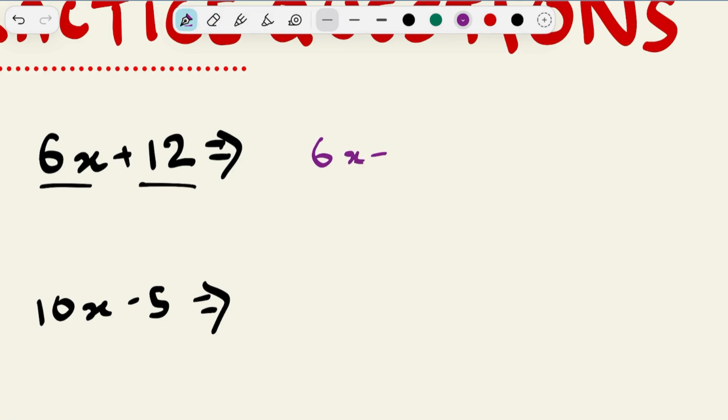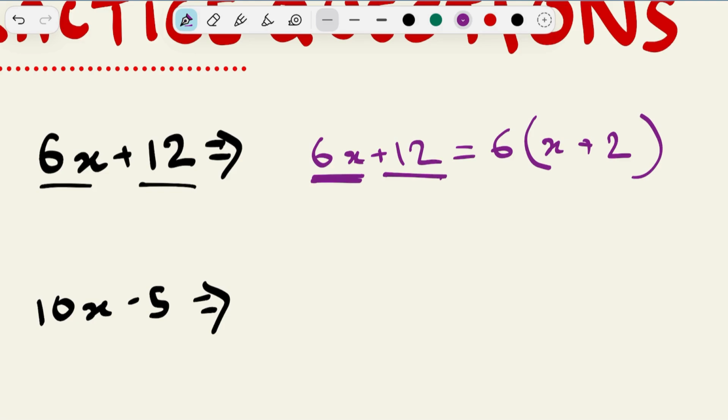So now we've got 6x plus 12. That is going to be equal to 6, and then in brackets we're going to have some numbers. So first we need to make the first term, which is 6x. What should we multiply by 6 to get 6x? So that's going to be x, because 6 times x is equal to 6x. Then we've got 12 as our second term, and now we're going to think about what number should we multiply by 6 to get 12, and that is going to be 2.